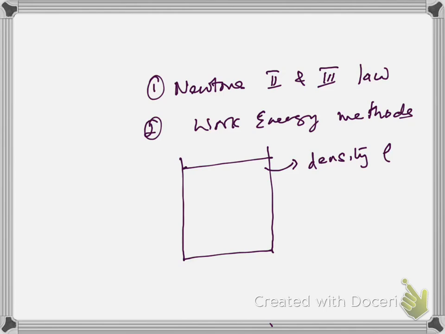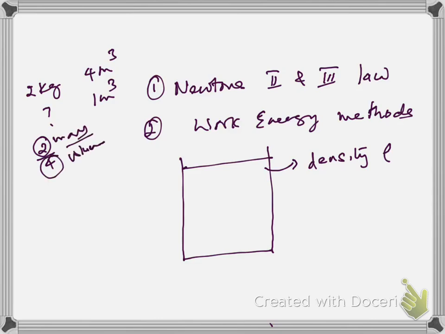Unit volume means 1 meter cube volume. For example, if 2 kg of a substance occupies 4 meter cube, you take 1 meter cube and find its mass. That will obviously be 2 by 4. So that's how you got the formula mass by volume. This is mass, this is volume. Mass by volume is density.